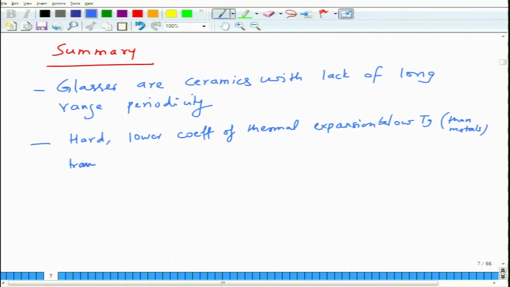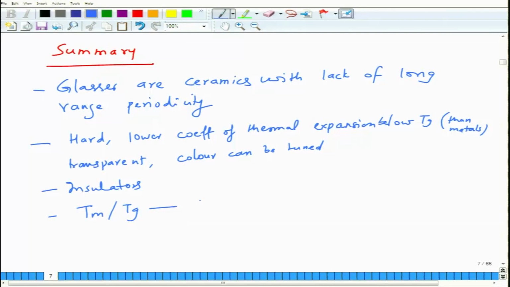They are transparent and color can be tuned by putting in impurities. Okay. And they are of course thermal and electrical insulators. Then they have their melting point Tm or glass transition temperature, which have different definitions in the glass sense, but it can be tuned by modifying the composition.